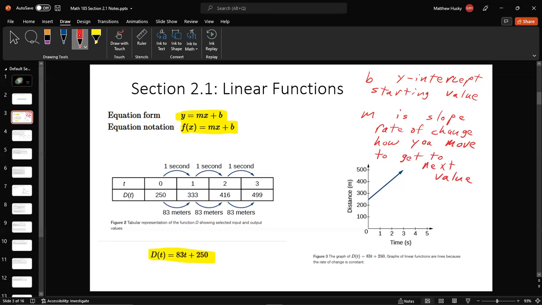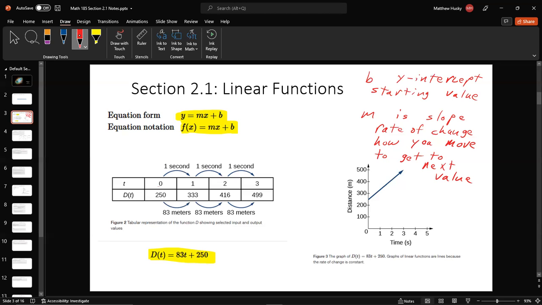And so here they've got this table. And what you will notice is that you would start at 0, 1 second goes by. If you start at 250, you would add 83. That will give you the next value. And 83 is the slope. It's your rate of change.